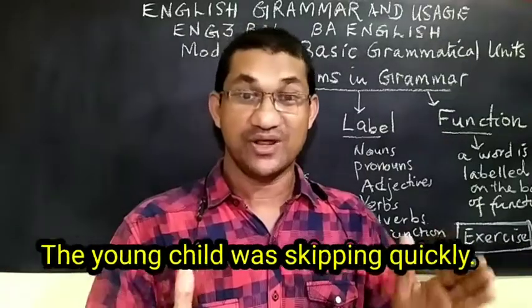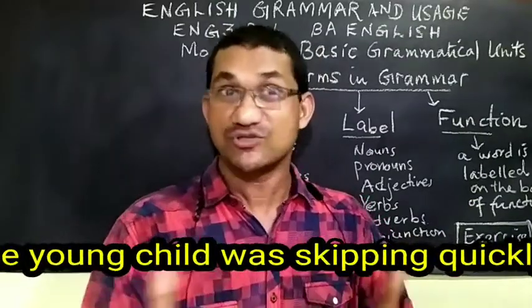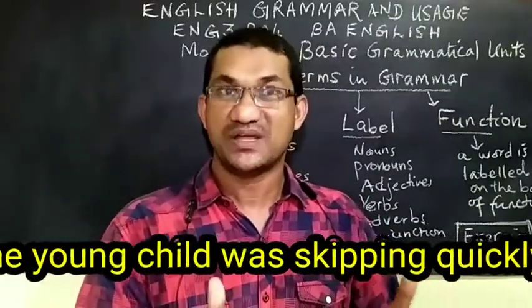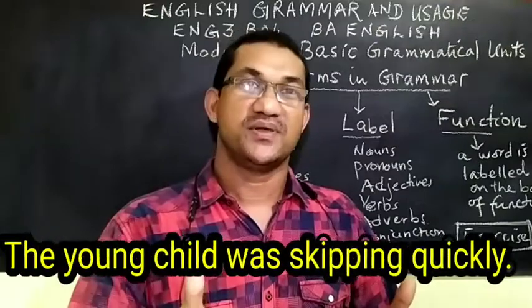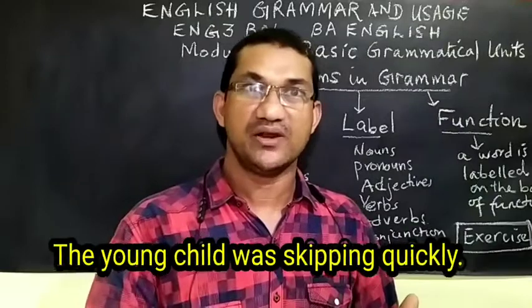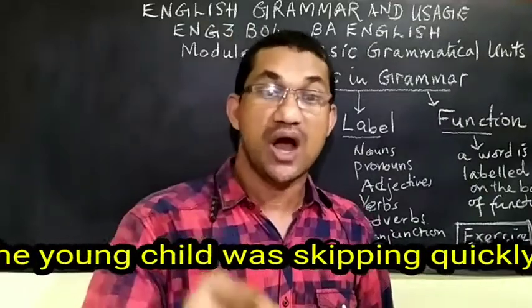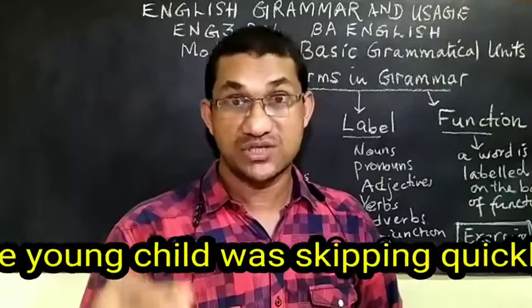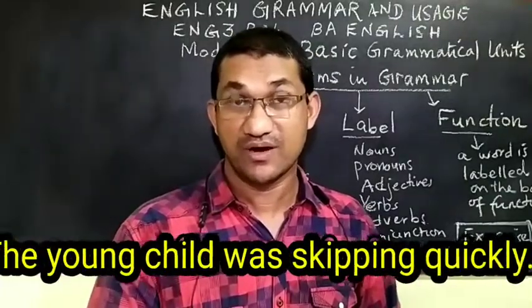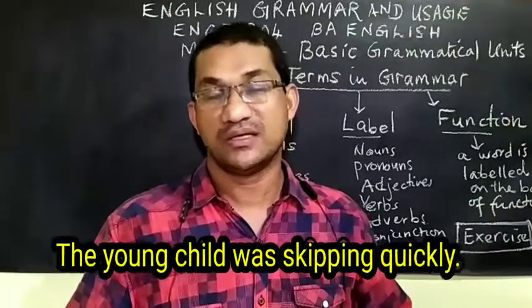Was is in fact the auxiliary verb that shows progression, past continuous. The young child was skipping, right, skipping, verb, quickly, adverb. The young child was skipping quickly.